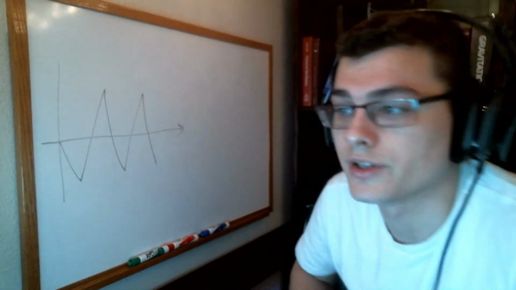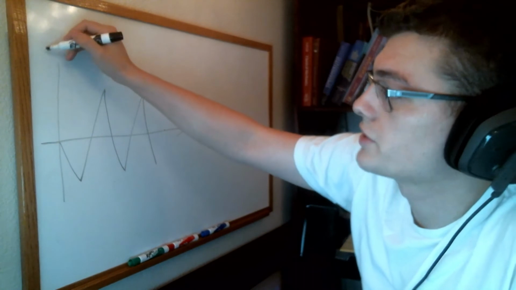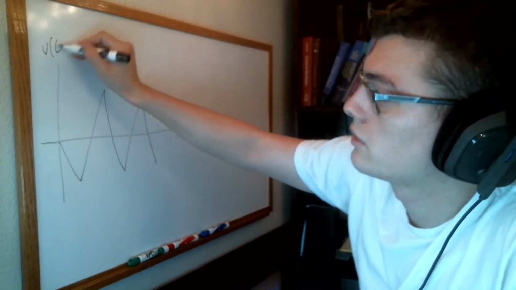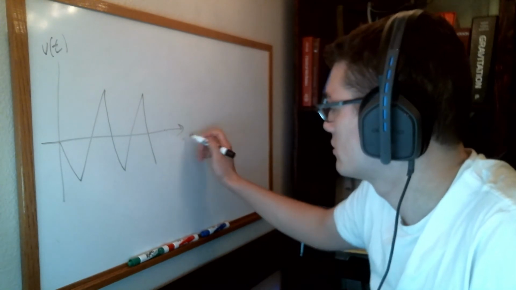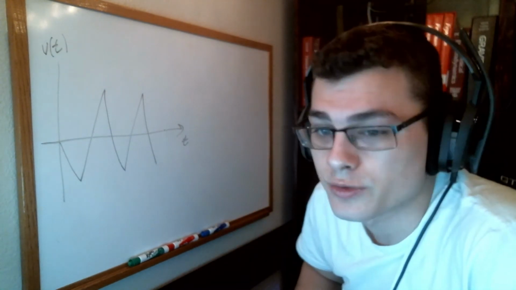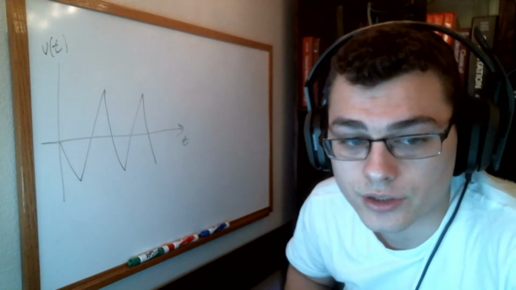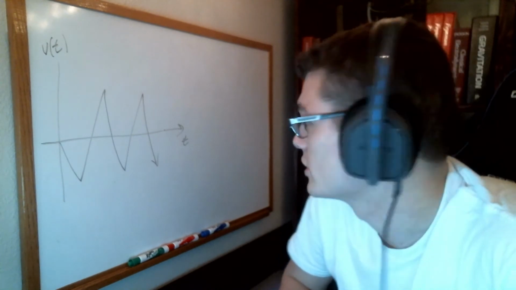Okay, so this next question gives us a velocity graph. And velocity is our function of time, and this is going to be t over here. So what we're supposed to do is construct an acceleration graph from this graph of the velocity.